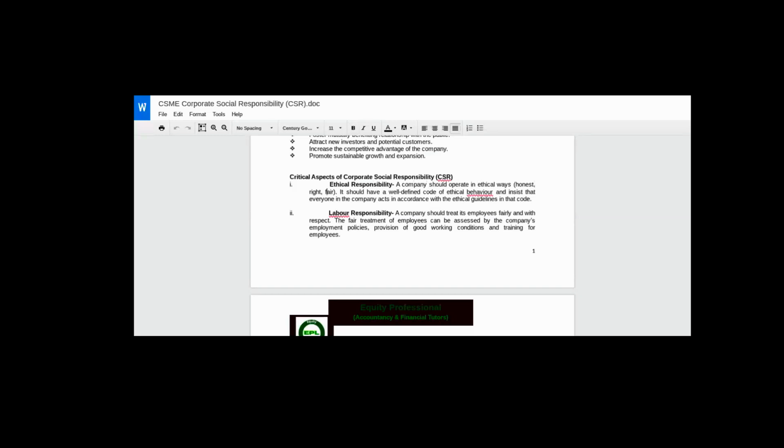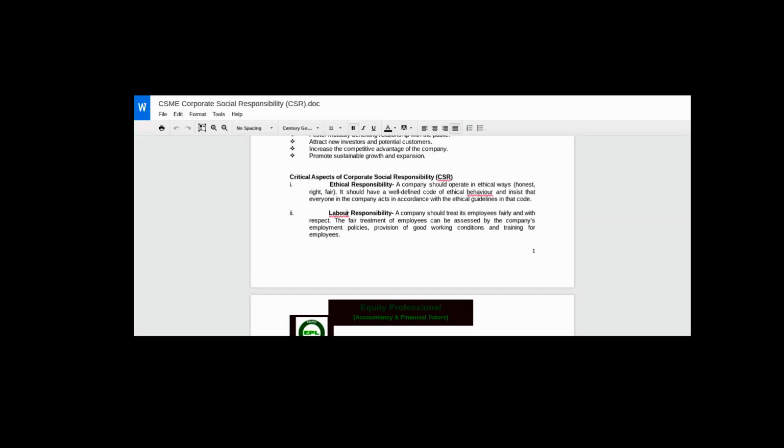They are fair to their employees, to the investors, to the community, and equally fair to the government because they distance themselves from unethical or illegal acts. Even in time of competition, they engage in fair competition. They don't engage in any activities directly or indirectly that can damage the reputation of their competitors. So ethical responsibility is one of the dimensions of CSR.